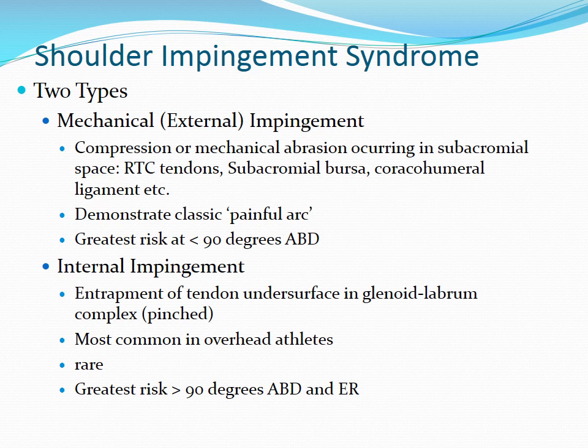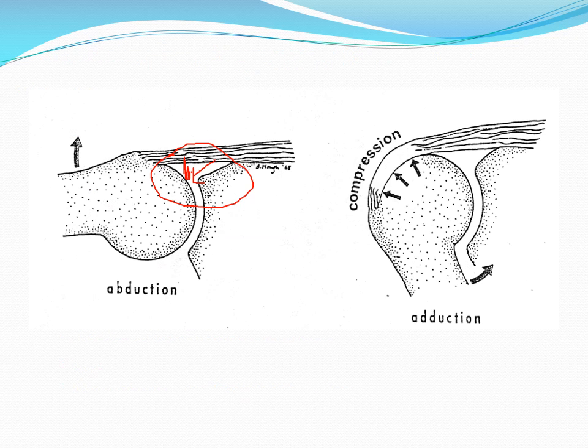This is going to be a lot more common in overhead athletes, somebody who gets into this overhead externally rotated position in which they function. So they wind up those rotator cuff tendons and they draw them into that space where they are impinged or pinched. And the greater risk of internal impingement is above 90 degrees. The greater risk of external impingement is below 90 degrees.